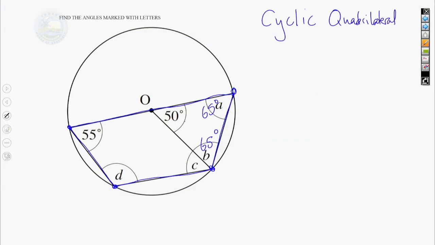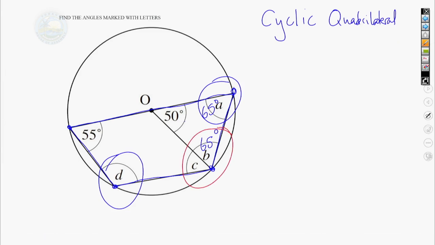And what did we learn about cyclic quadrilaterals? Opposite angles in a cyclic quadrilateral are supplementary. So that means these 2 angles circled in blue will be supplementary, and these 2 angles circled in red would be supplementary. So that means that if we were to add A and D, they should add up to 180 degrees.